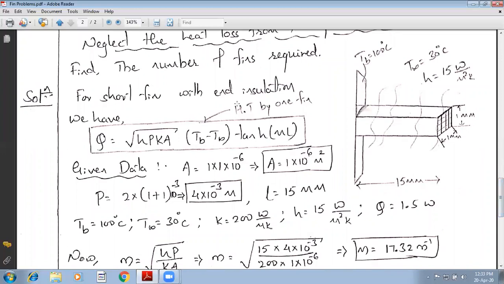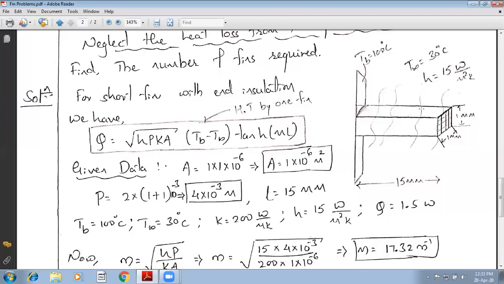Now if you take the equation Q equals root of hPKA into (T_b minus T infinity) into tanh(mL), which is a heat transfer equation for a short fin with end insulation. Now this is nothing but heat transfer by one fin. This is the amount of heat transfer by this fin only.